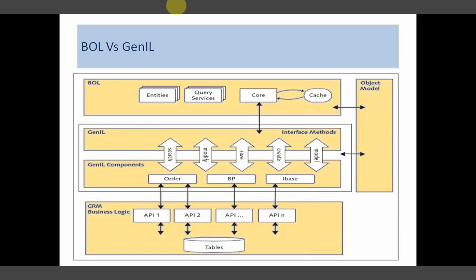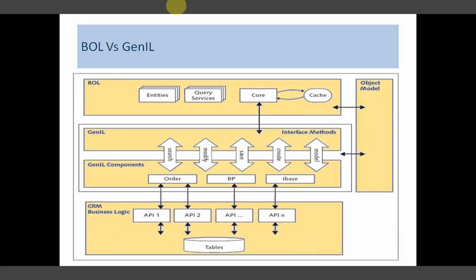So the purpose of an interface is to communicate. Here, the BOL layer sends a request for some data modification, search, saving, or creating. It is accepted by the interface. Now these interfaces interact with the GENIL components, such as order, BP, IPACE, BP header, BP one order framework, and ACC for account.